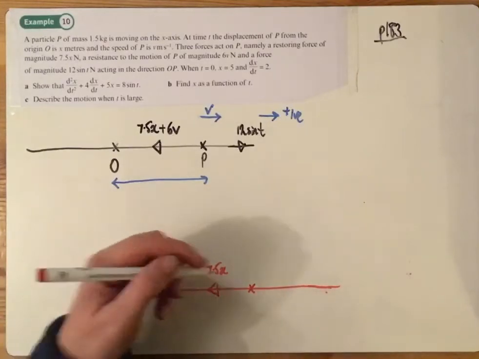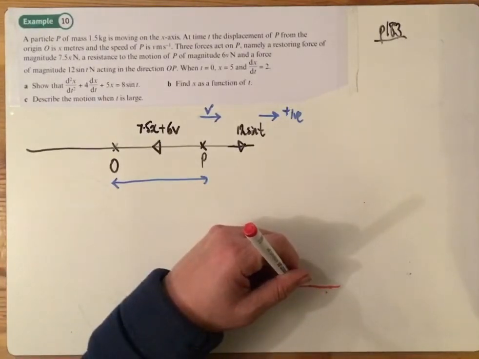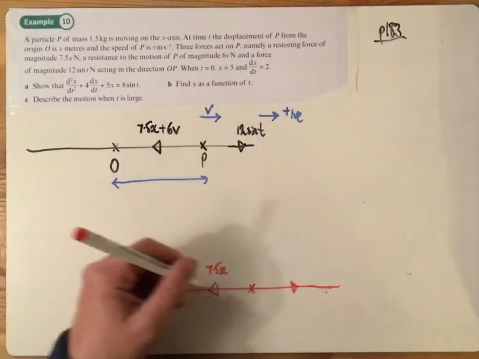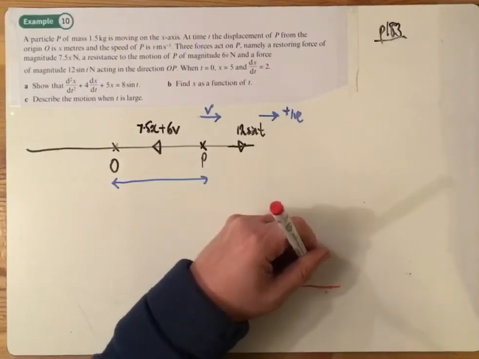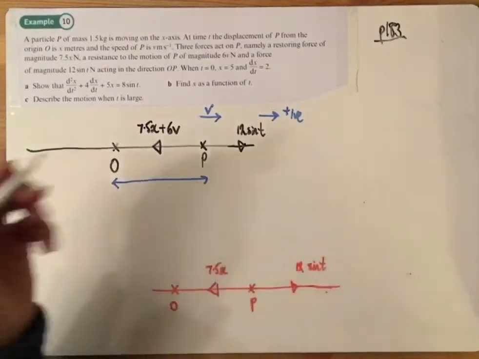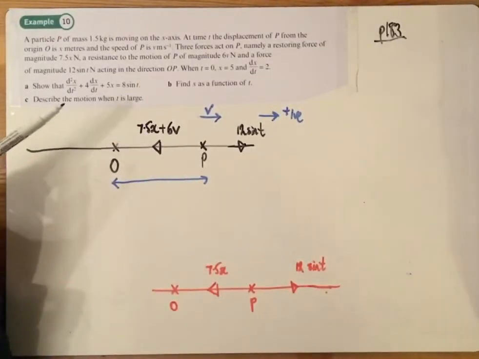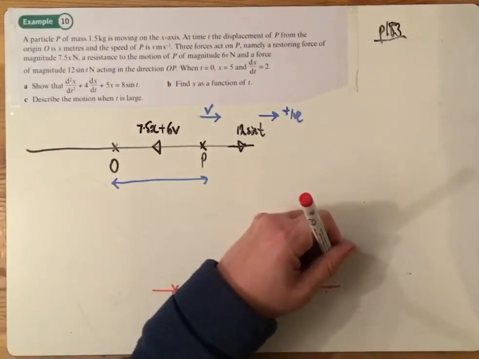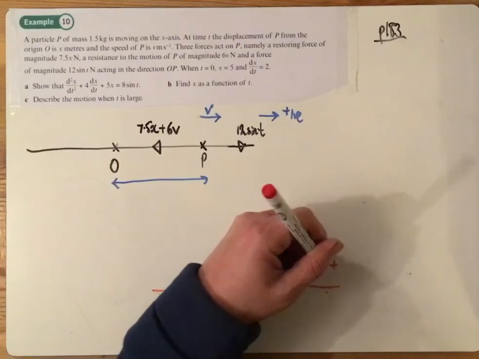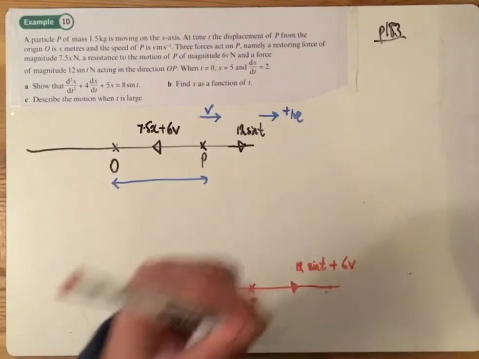And then you have 12 sine t acting out this way in the direction of OP, so that's not changed. But the resistance to motion will be going this way, so it's really, that's what you kind of feel like you should be doing.